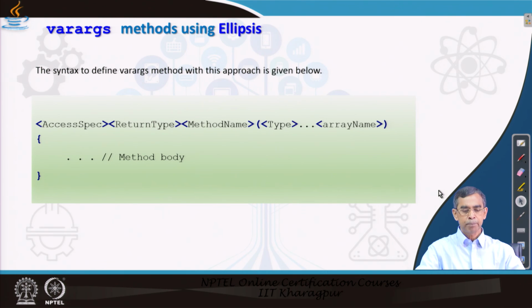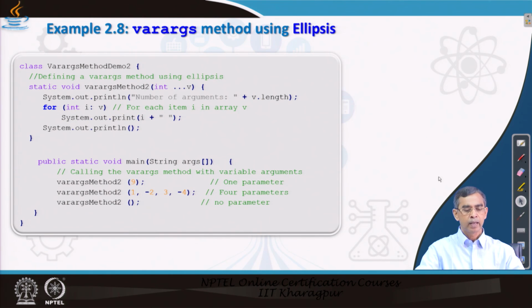So, this is an example that we can see. This is similar to the earlier one we have done, and these are the var arg methods, where we can show the integer v.